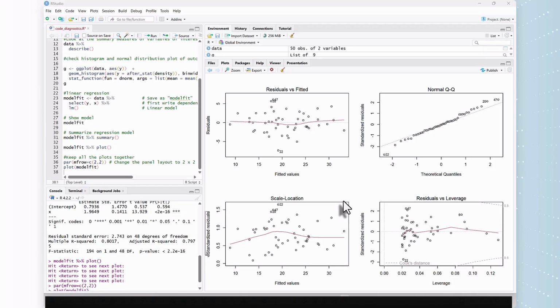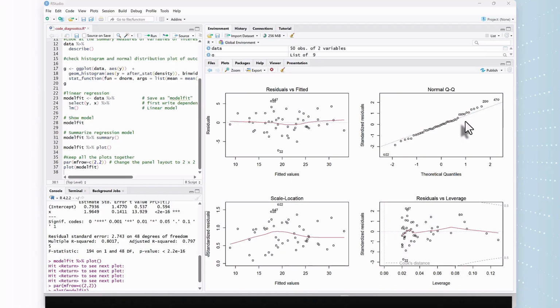In my work, I try as much as possible not to exclude data points unless they are highly influencing the results. We will talk about that in the residual versus leverage plot later. For the purpose of our data here, the normal QQ plot shows that the normality assumption holds.